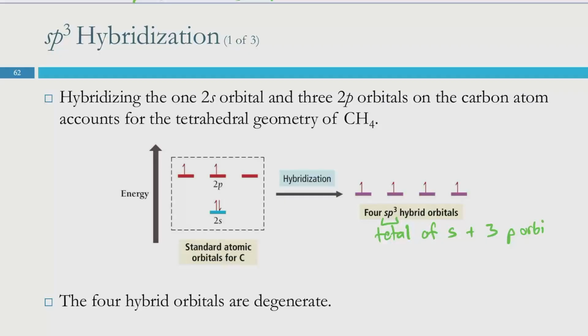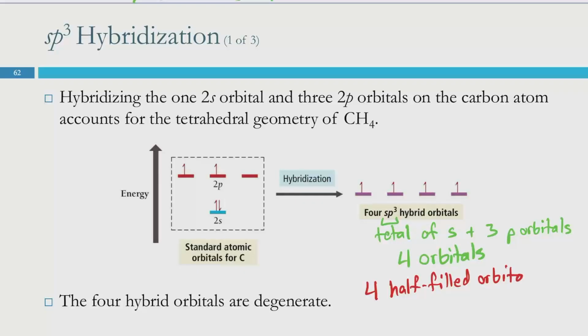So the total, if we've got 1 s orbital and 3 p orbitals, we're going to have 4 orbitals. And now we've got 4 up arrows. So we've got 4 half-filled orbitals.